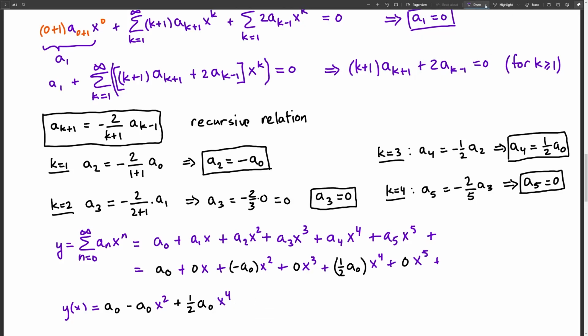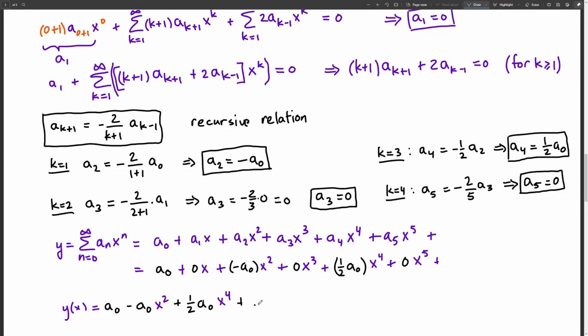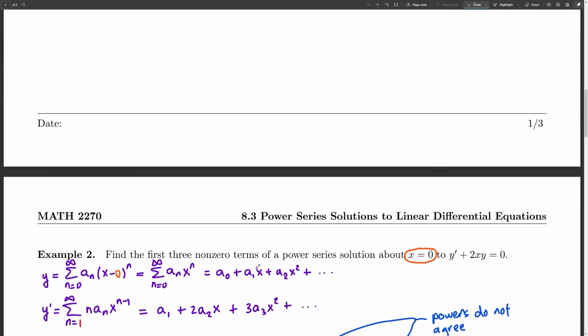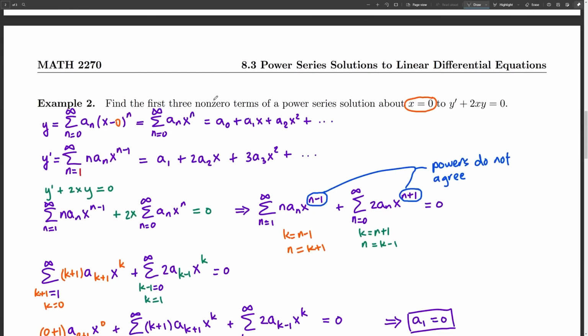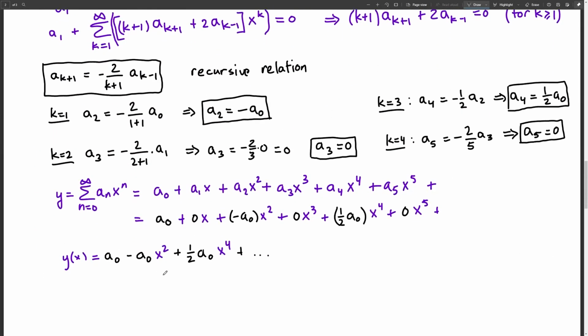And then you would continue that if you were asked to find more terms, but we were asked to find the first three non-zero terms. So these are our non-zero terms of the solution.